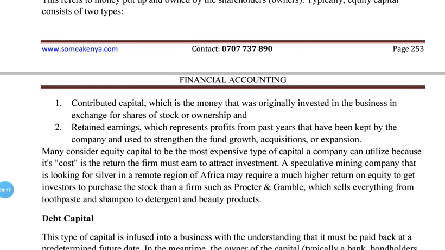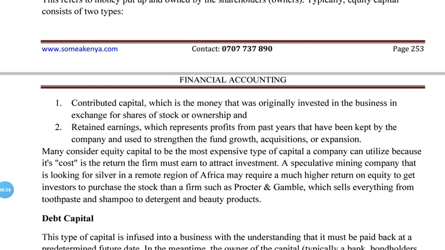So many consider equity capital to be the most expensive type of capital a company can utilize because its cost is the return the firm must earn to attract investment.